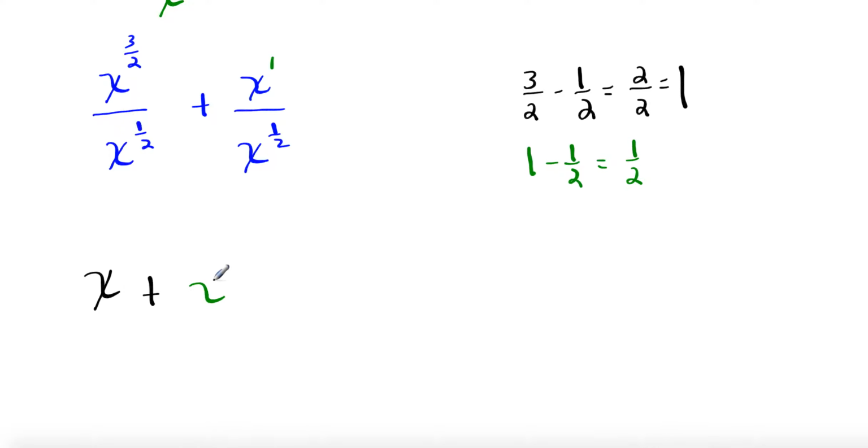So this is going to be x to the 1/2 power. And I'm not going to leave any fraction exponents, so that means I'm going to write my final answer as x plus, and I'm going to convert x to the 1/2 to the square root of x. And that is my expression simplified.